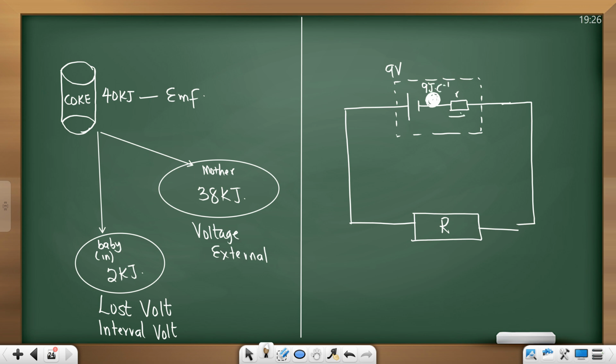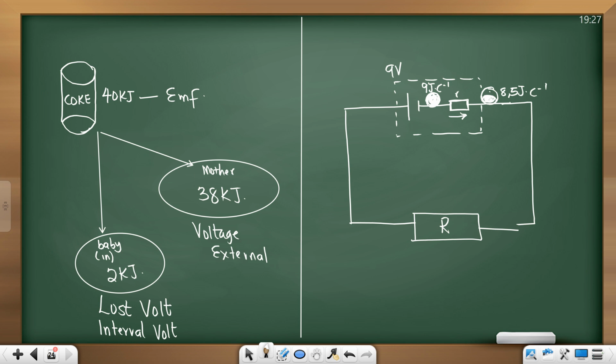When it gets here, it's going to experience a bit of what? Resistance. What is resistance? Opposition. So this guy has to do work to move over that. By the time it comes out, it has lost a bit. So when it comes out, it's no longer full. Let's call it 8,5. It now has 8,5 joules of energy.